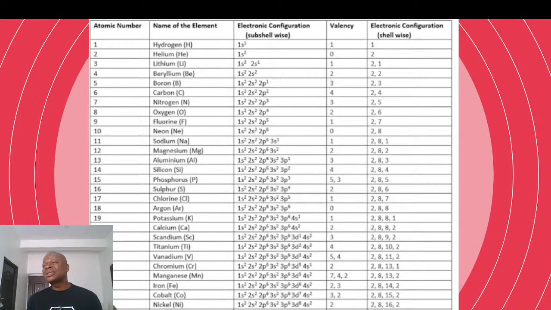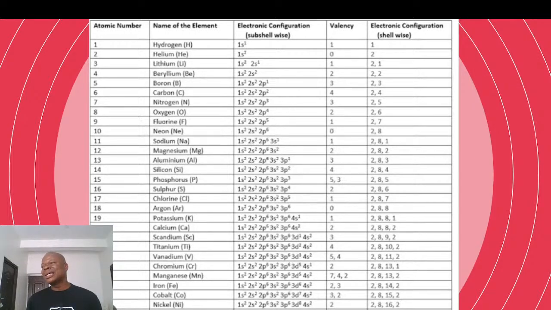So if you are to look at its subshell in electronic configuration, you're going to have 1s2, 2s2, 2p6, and 3s2. If you add them all up, you're going to have 2 plus 2 is 4, 4 plus 6 is 10, and plus 2, giving us 12, the atomic number of magnesium.